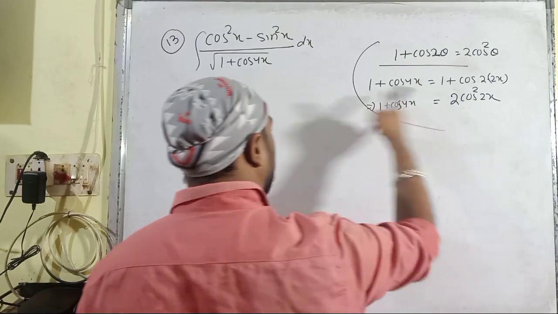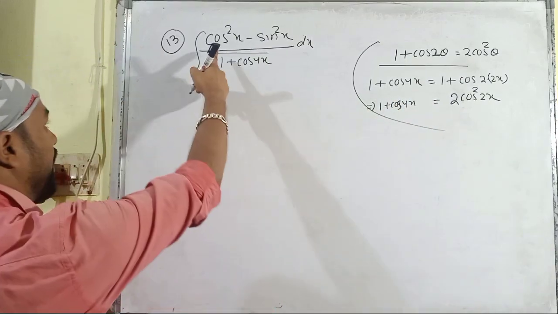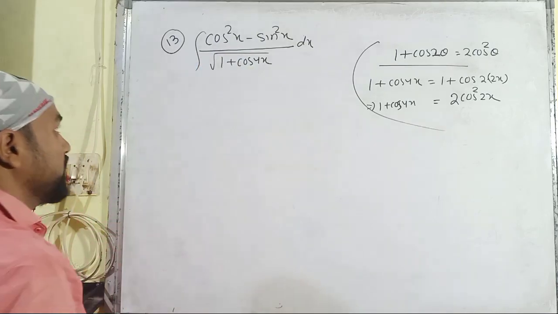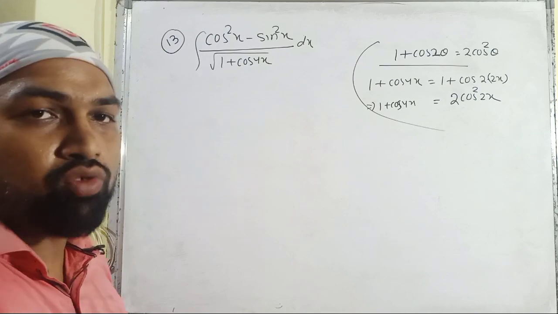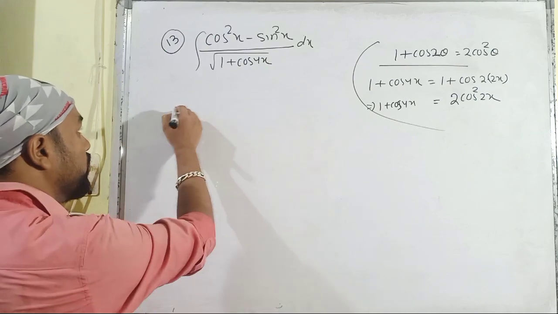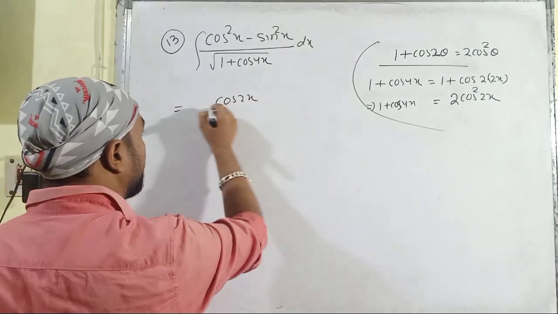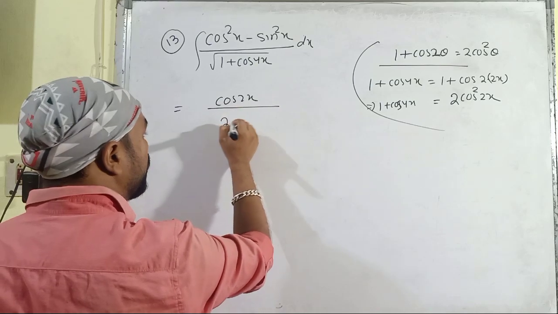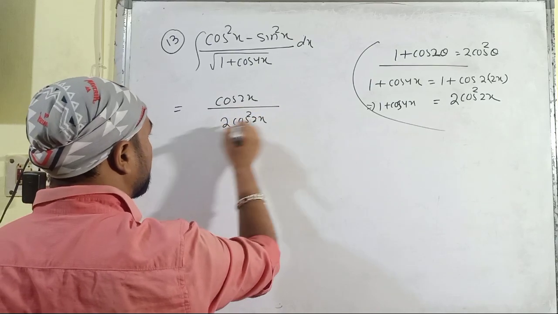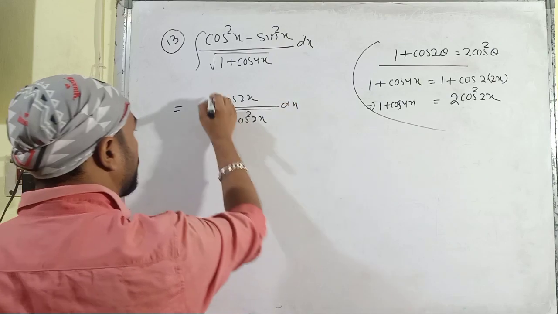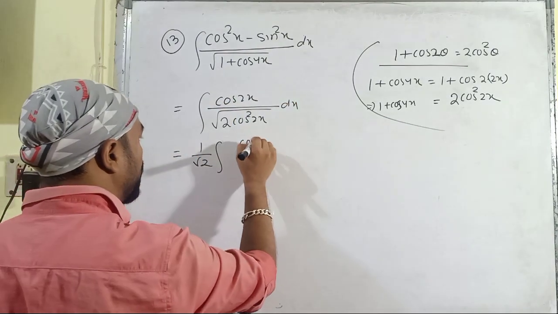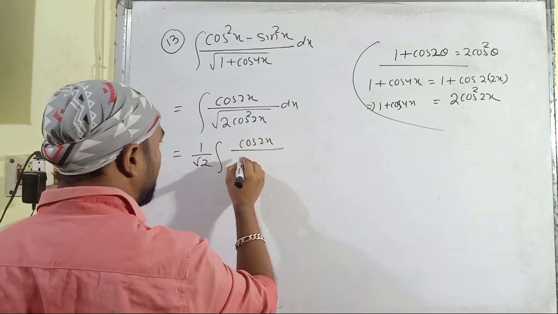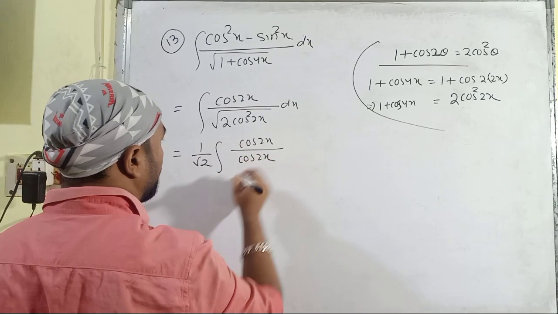And here we have to apply this formula. Then the part which is in the numerator is the very well known formula, cos square x minus sin square x, which is cos 2x. So cos 2x divided by the square root of 2 cos square 2x, then 1 upon root 2, cos 2x divided by cos 2x.